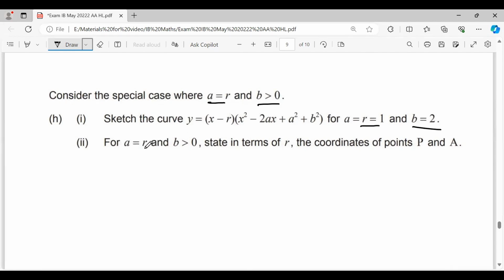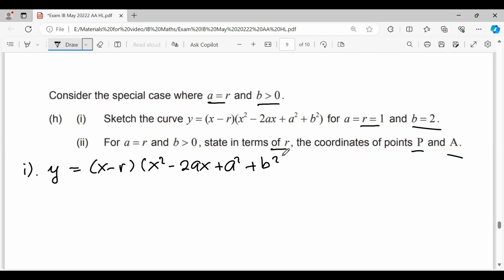For a equals r, b greater than 0, state in terms of r the coordinates of P and A. First, we are going to sketch the curve. It means y equals (x minus r) times (x squared minus 2ax plus a squared plus b squared).